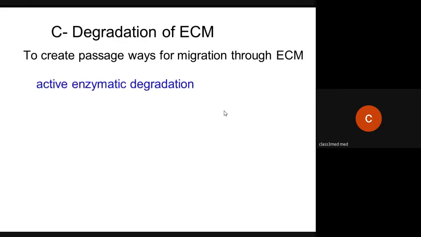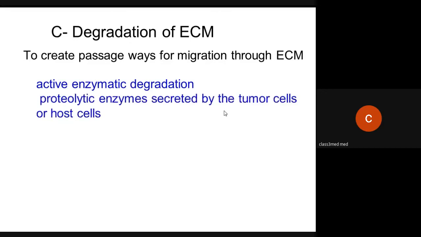And this degradation is an active enzymatic process. Means for the tumor cells to start degradation, they should be able to produce proteolytic enzymes. What does that mean? Enzymes that break down proteins, okay? That do the degradation. So for the tumor cell to synthesize these proteolytic enzymes, there should be expression of the genes responsible for them. If it does not have this gene, its journey is finished, it will stop here and die, it will not do anything.